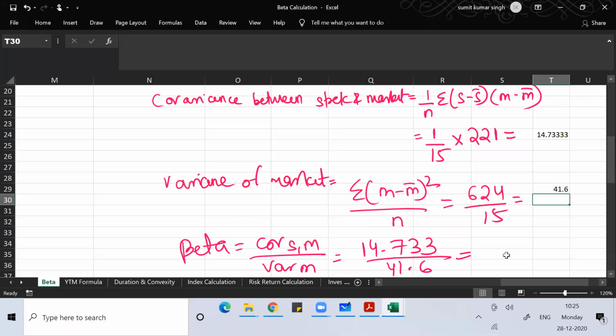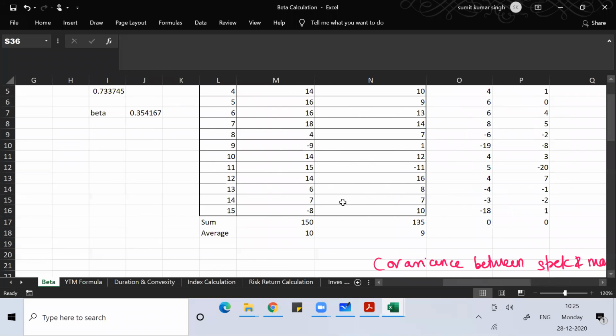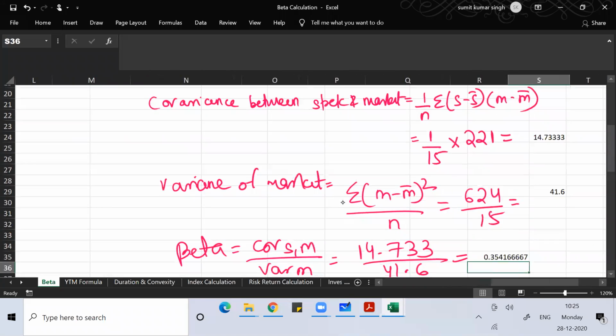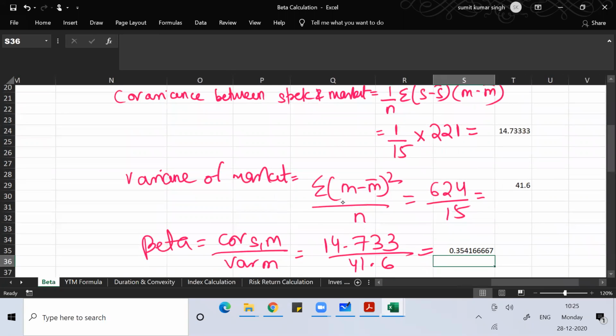That gives you the value of beta, 0.3541. So this is the beta of the stock, which I got already earlier using the slope formula. The same thing I got here.